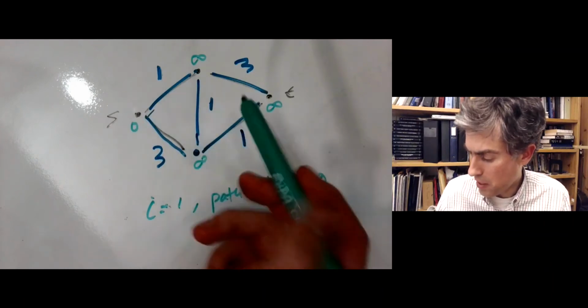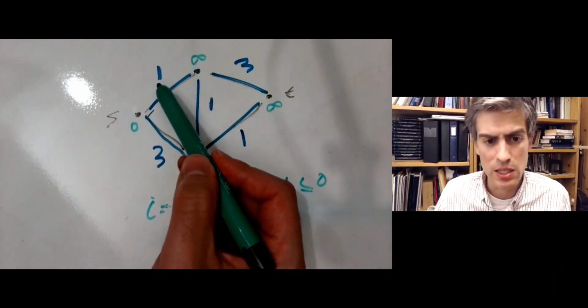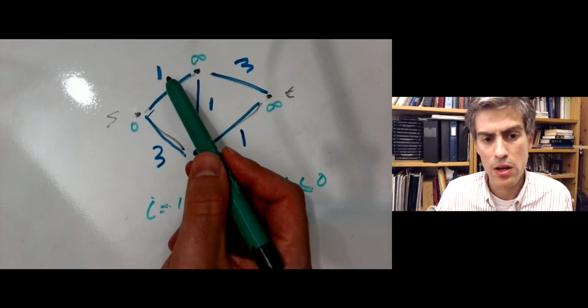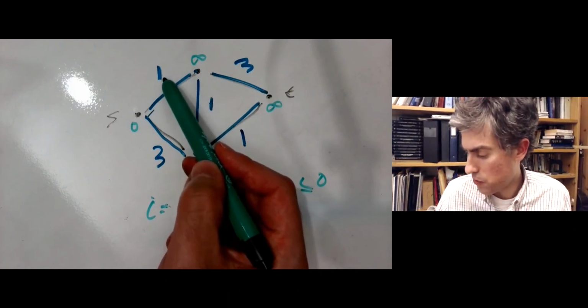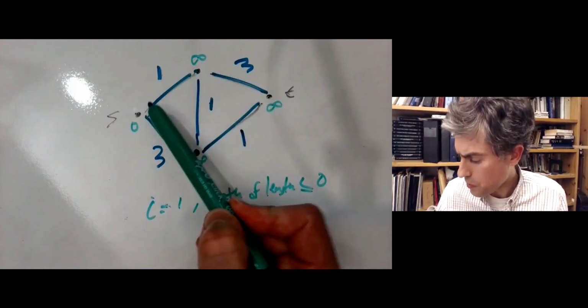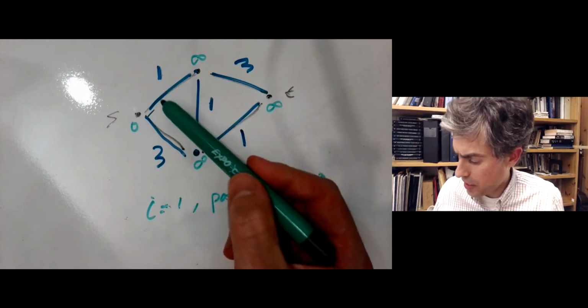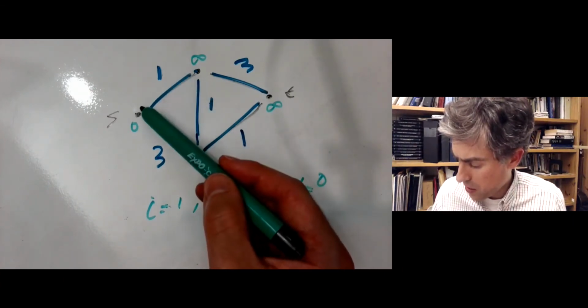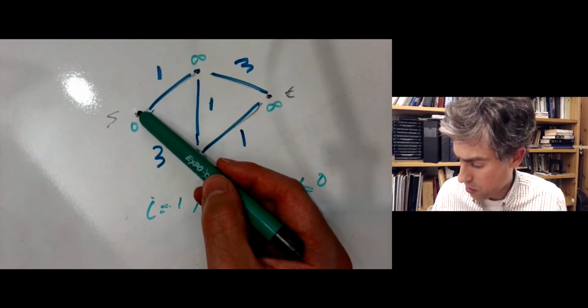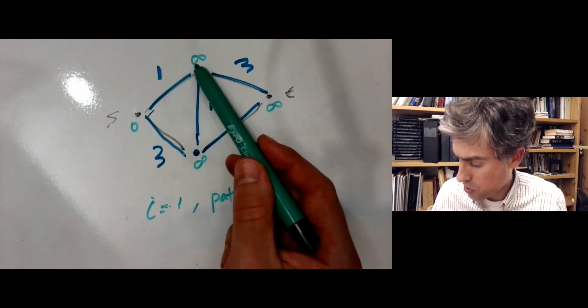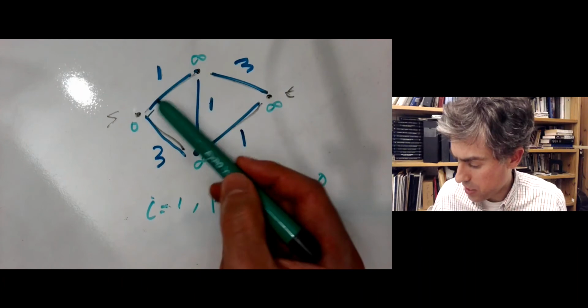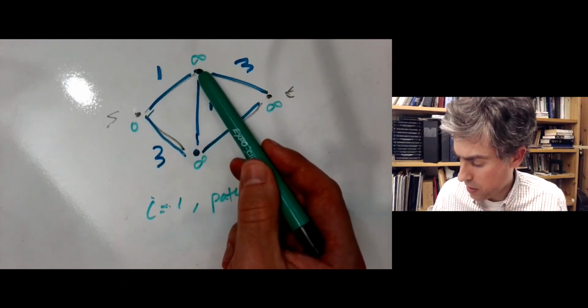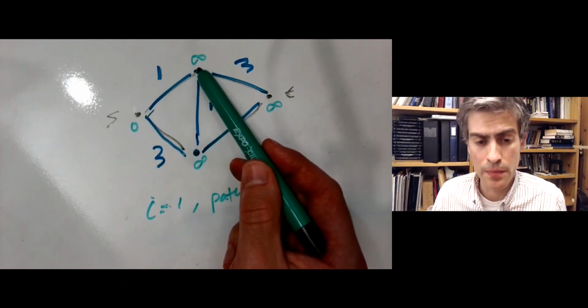We don't know what order, but let's just say it goes to this one next, this edge in the upper left with cost 1. Now, the relaxation it can try here is it can say, if I take the one end of this edge, 0, add 1 to it, I get 1. So now, in other words, using this edge, I know that I can reach this point here in cost 1.